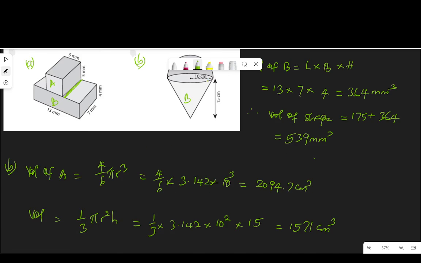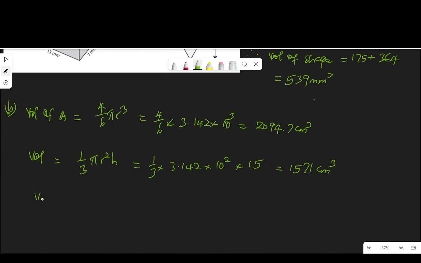The volume of the entire shape will be the volume of A plus B. The volume of the shape is equal to the volume of A, which is right here, 2094.7, plus 1571.